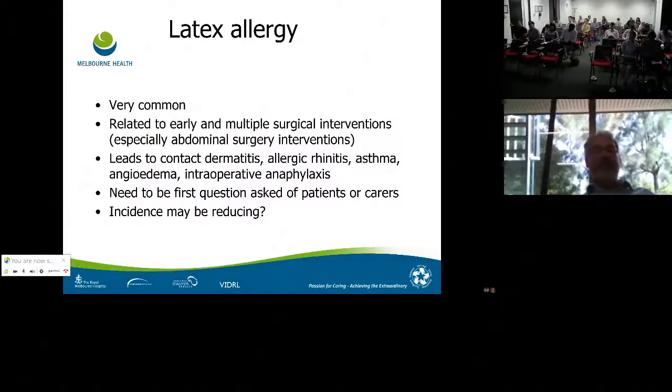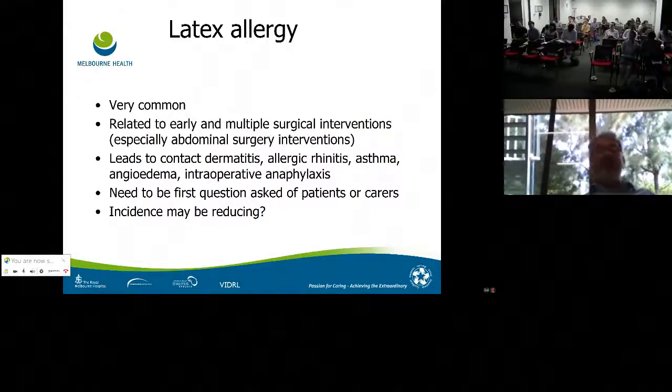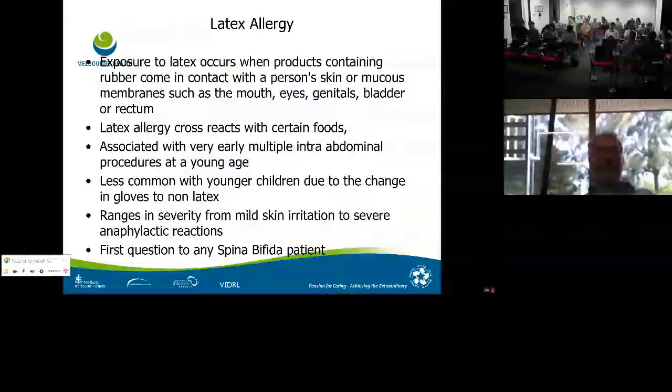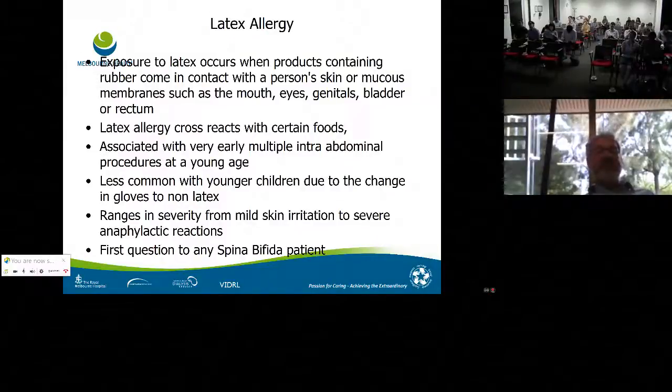exposure. And it comes in contact with skin, mucous membranes, eyes, genitals, bladder or rectum. Remember those two as well in terms of catheterization. There is a certain cross-reactivity with certain foods, although it tends to be somewhat less. I've already talked about the multiple intra-abdominal procedures.